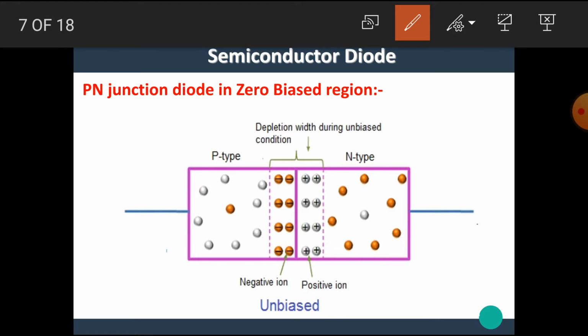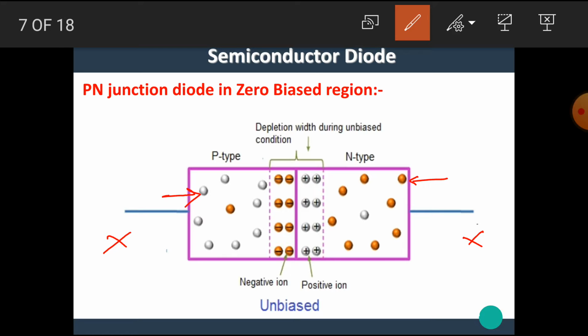This is the diagram of a p-n junction diode in unbiased mode. As previously we learned, unbiased means no external power supply is applied across anode and cathode. What happens here? The n-type has electrons as the majority charge carriers, while the p-type has holes as the majority charge carriers.